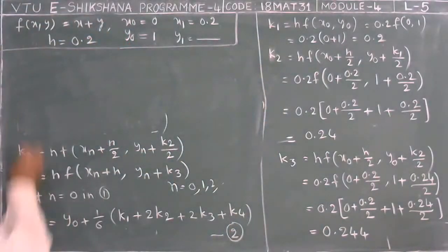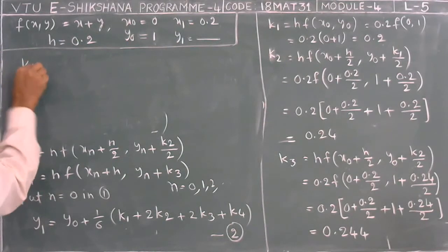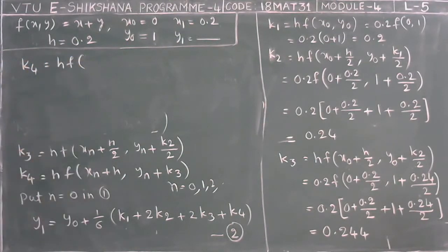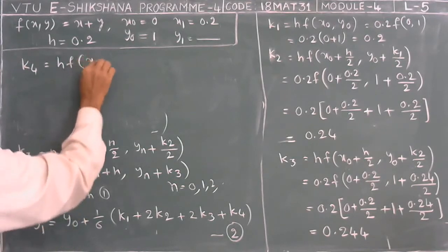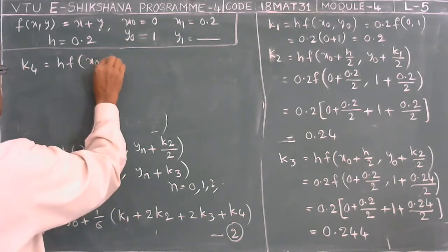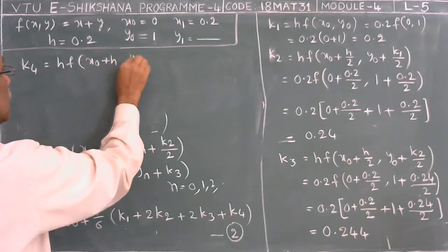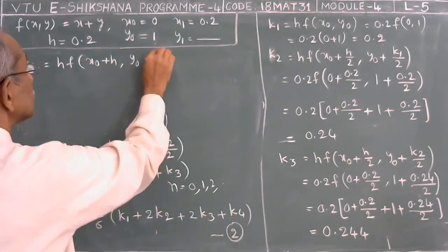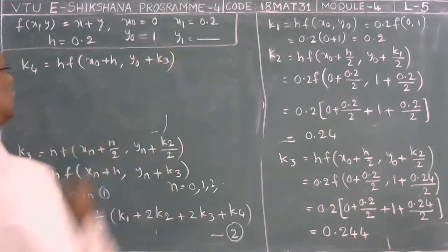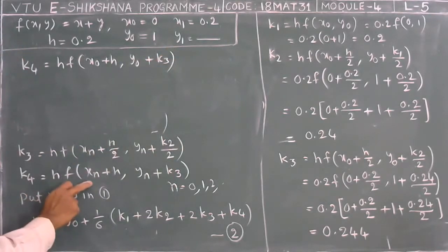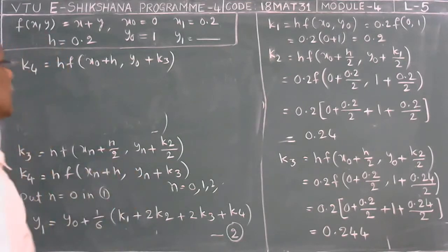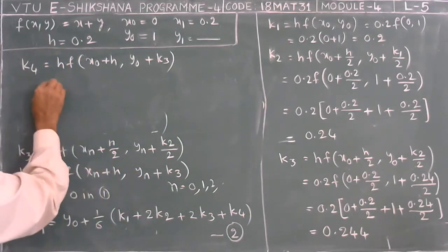So K4 is equal to h into f of xn plus h comma yn plus k3, and when n is 0, h into f of x naught plus h comma y naught plus k3. Now let me substitute here.